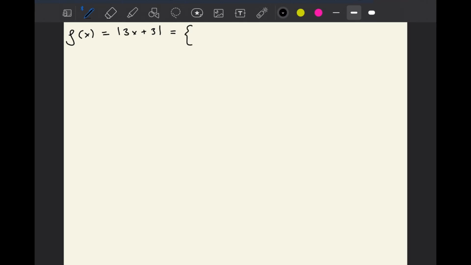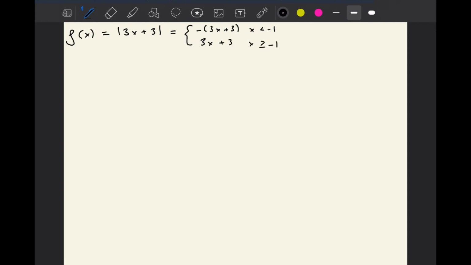So here we can rewrite it for when x is less than negative 1, we have negative 3x plus 3, for x is less than negative 1. And then for x is greater or equal to negative 1, we have 3x plus 3.